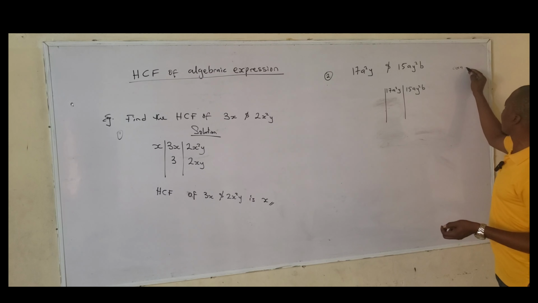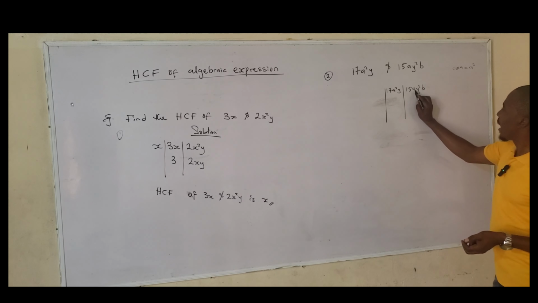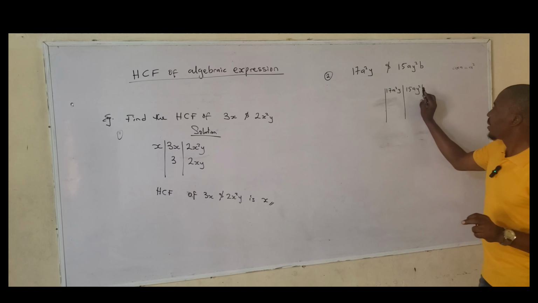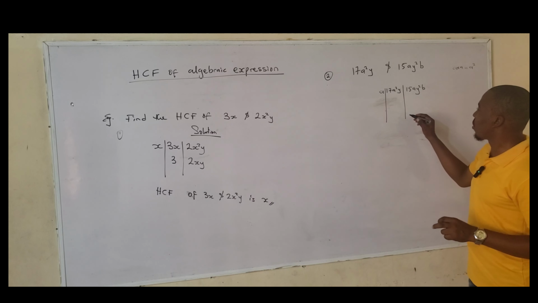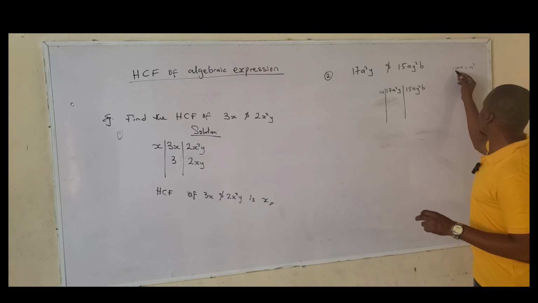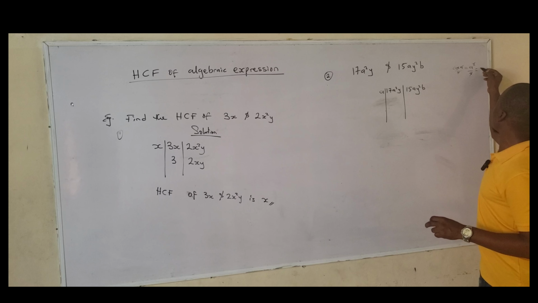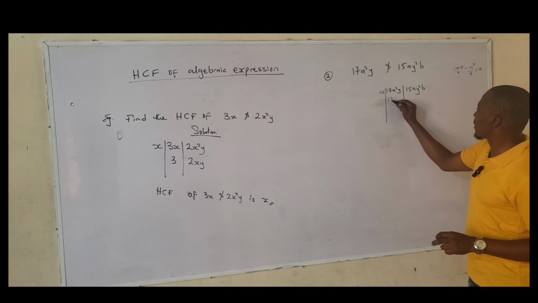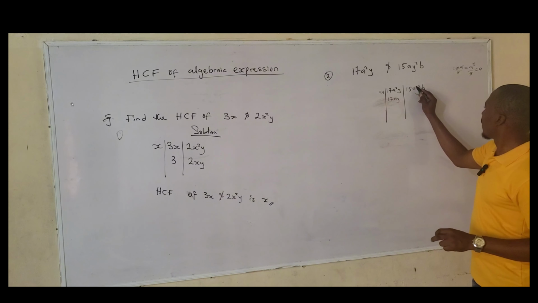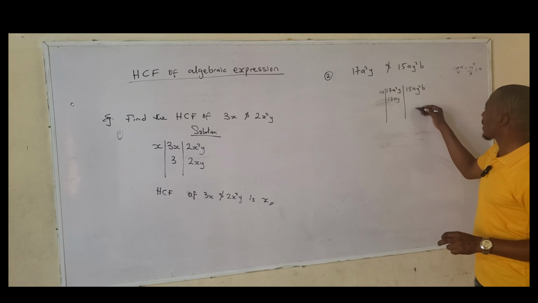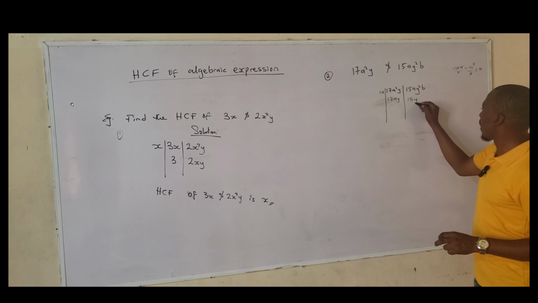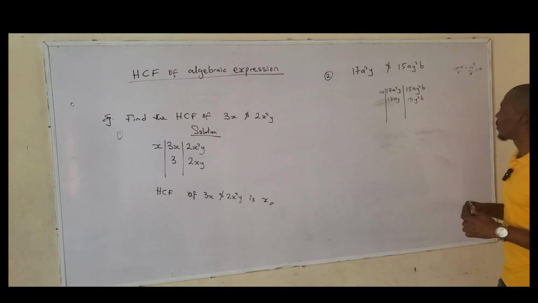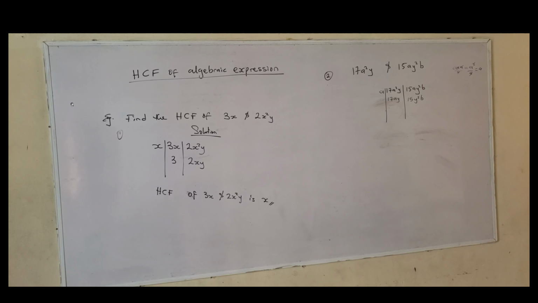That's a times a, of course, which will give you a squared, and there is just a single a here. So a single a is common. When a single a divides here, you have a, so that will give us 17ay. When that single a is cancelled out here, you have 15y squared b.